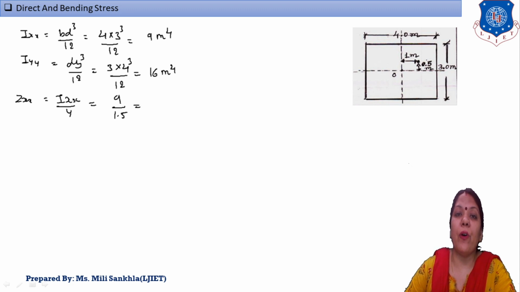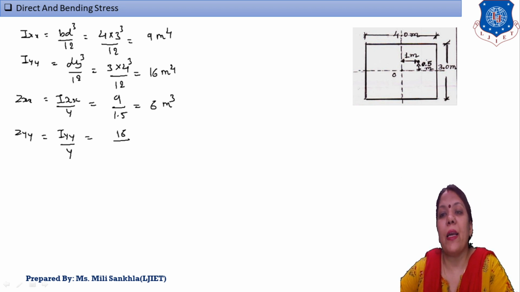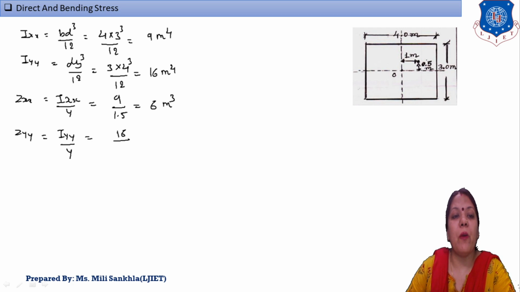So 9 divided by 1.5 is equal to 6 meter cube. Next we find Zy, which is equal to inertia about y divided by y, that means 16 by y, where y is equal to b by 2, that means 4 by 2, and my answer is equal to 8 meter cube.